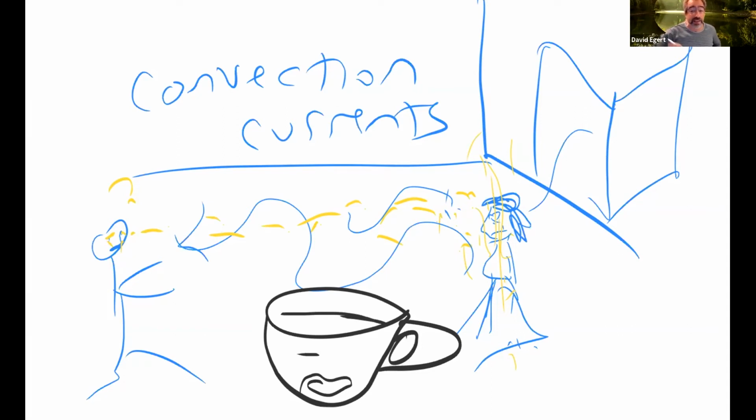It would actually take probably like a month if you wanted pure diffusion to have the sugar equally distributed everywhere. And instead what you do is you put a spoon in there and you mix it around. Again, convection, you got the currents. So when you want to move things a far distance, you don't use diffusion.